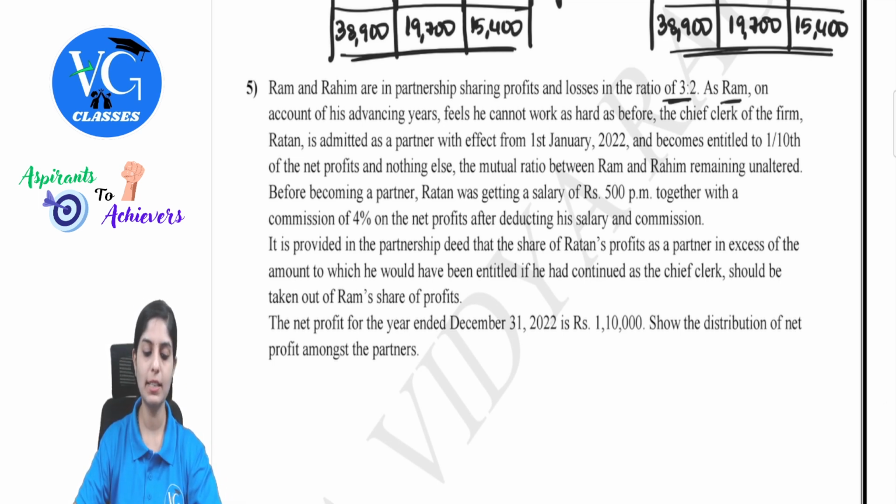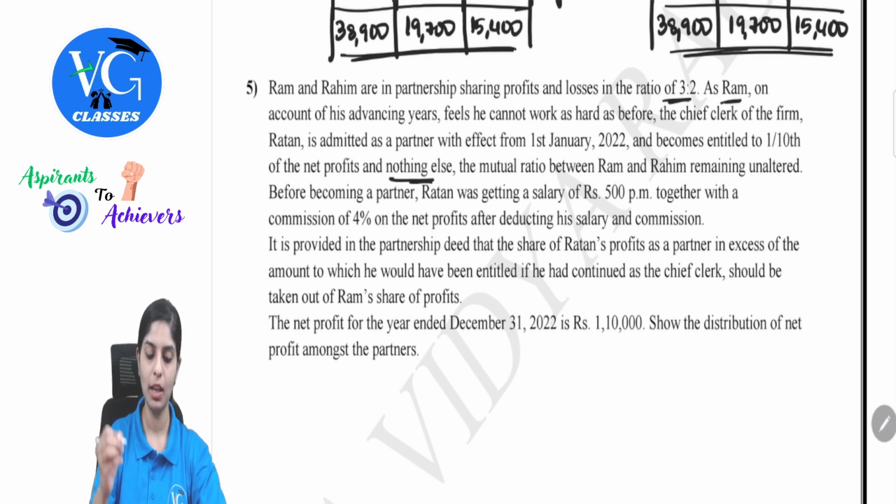So Ratan is admitted as a partner with effect from 1st of Jan and becomes entitled to 1/10 of the net profits and nothing else. The mutual ratio between Ram and Rahim remains unaltered. That is, whatever was the ratio 3:2, it continues even after the admission of Ratan.